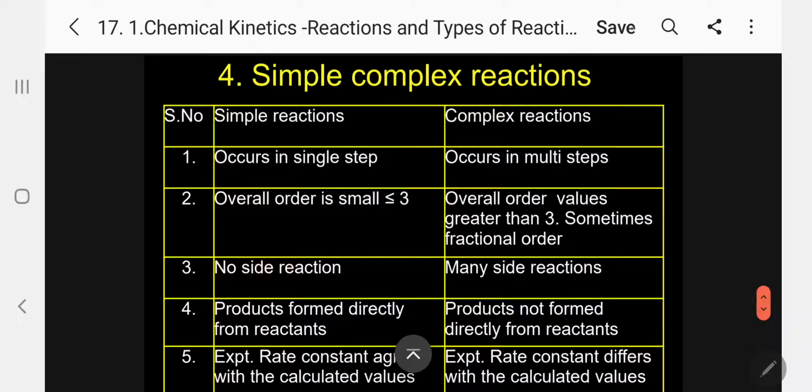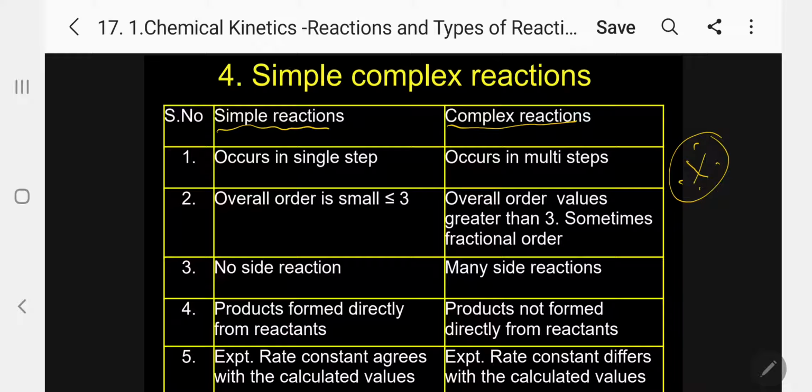Now, here I want to give the difference between simple reactions and complex reactions. This is very, very important. A question can be asked. Kindly follow.